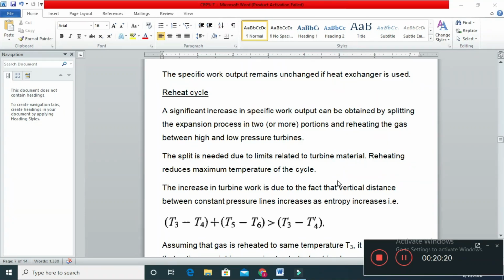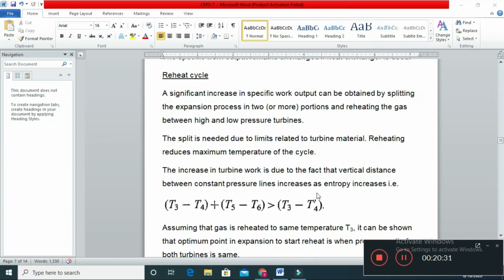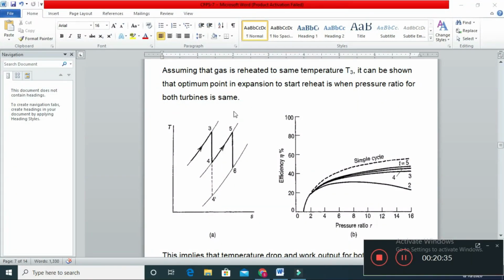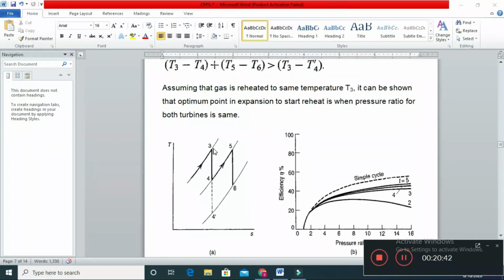Then next is the reheat cycle. Using the reheating process, we can increase the work output. There is a limitation with the maximum cycle temperature. The maximum cycle temperature depends on the material of the turbine.